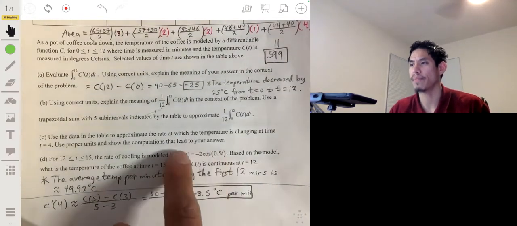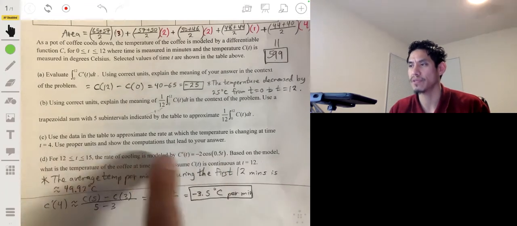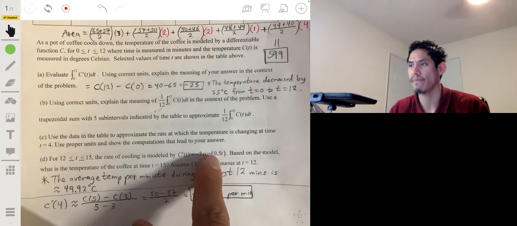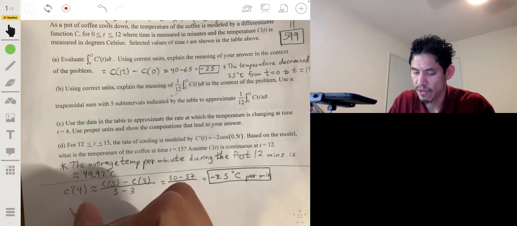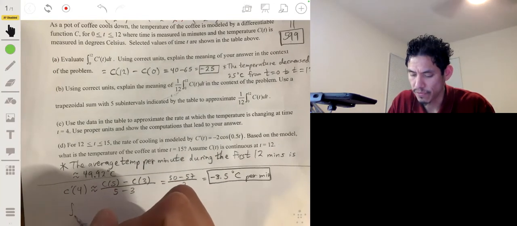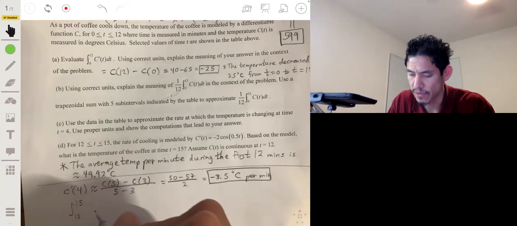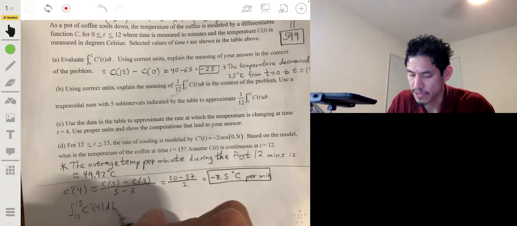We can simply set up an integral with c prime of t from 12 to t because we're told that this is a continuous function on this interval. So what I mean is that we have the integral from 12 to 15 of c prime of t dt.